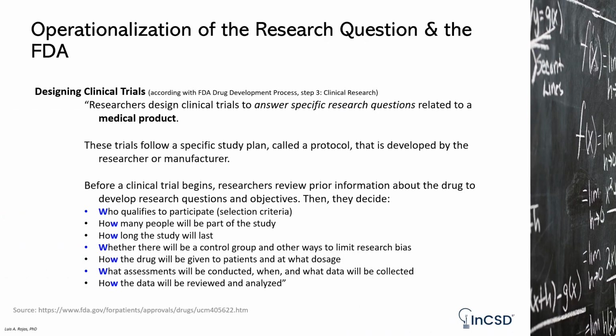In our attempt to find the links between ICH E9(R1) and the scientific method, let's look at the FDA drug development process, specifically Step 3, which focuses on clinical research. Before we continue, do you notice the W questions in the FDA document? This confirms that the process for operationalizing the research question is fundamental in clinical trials.